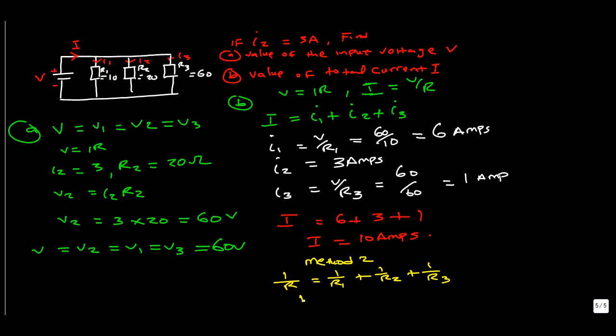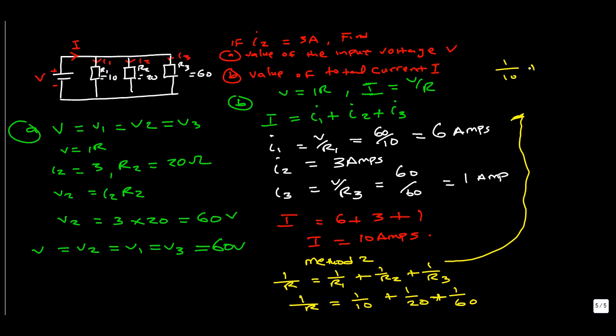So 1 over R equals 1 over 10 plus 1 over 20 plus 1 over 60.